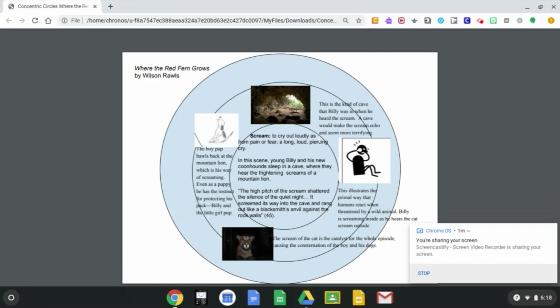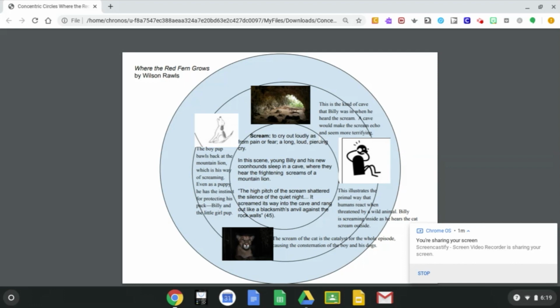It will be later the sentences that they write that go with them, or the explanation that they provide for them. This is another reason why I like to use Google Draw or a digital form of the concentric circles, because then they can just Google these images and not have to spend as much time actually drawing them out.